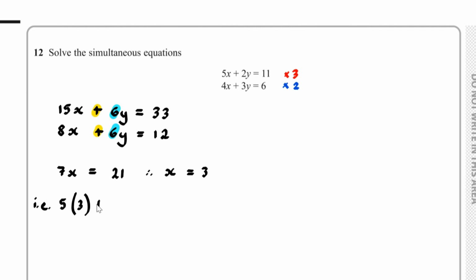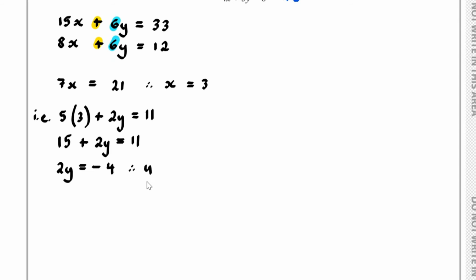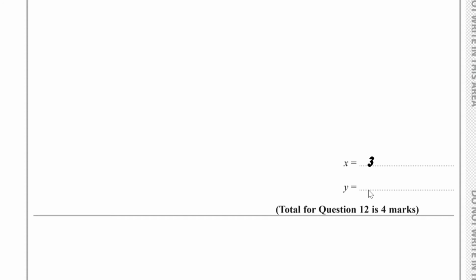Then we add on 2y, and this is equal to 11. 15 plus 2y equals 11. 2y equals -4, which means y is equal to -2. X is equal to 3. Y equals -2.